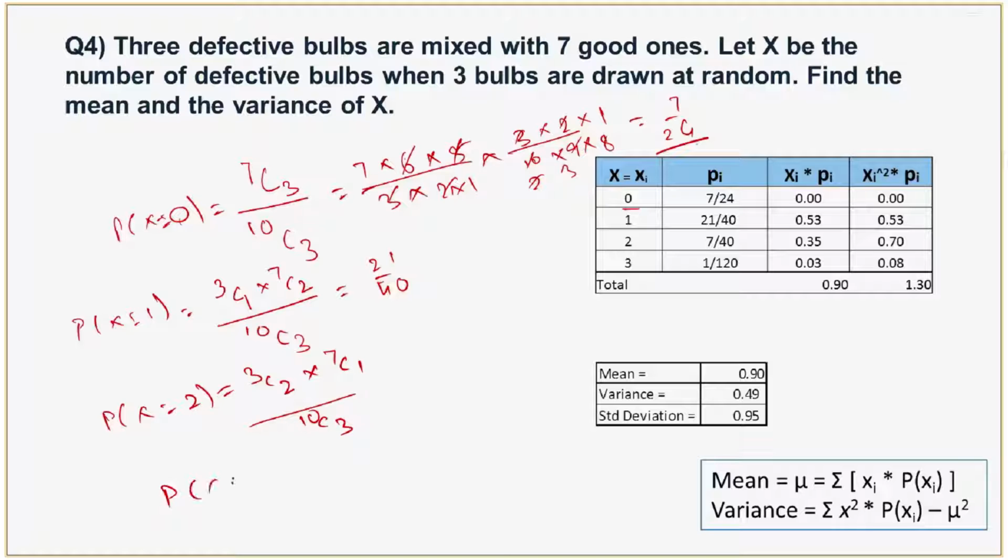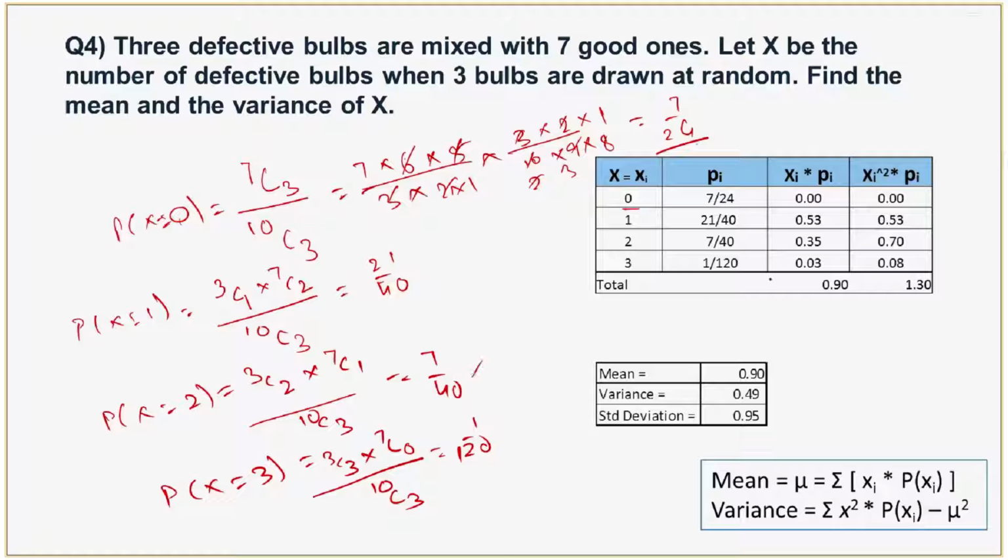Similarly, P of x equal to 3 will be 3C3, all 3 of them are defective. You won't select anything from non-defective bulbs, divided by the total number of ways. You'll get this value as 1 by 120, and this value as 7 by 40.